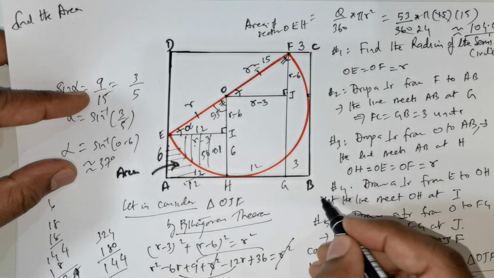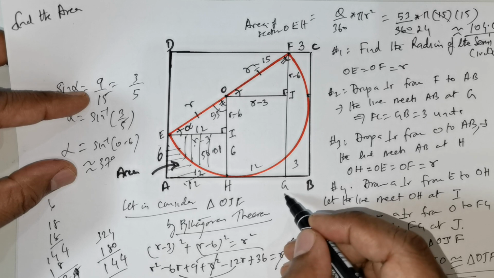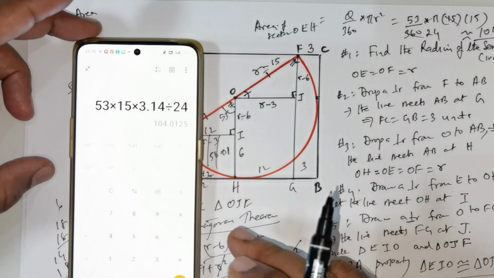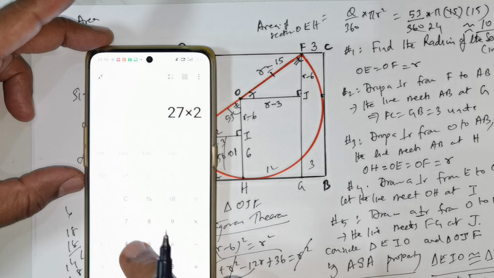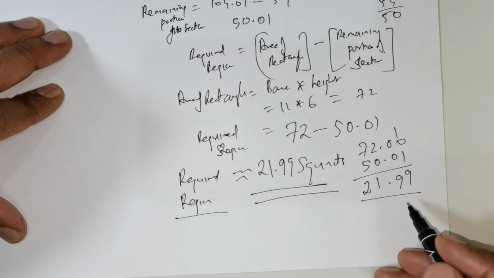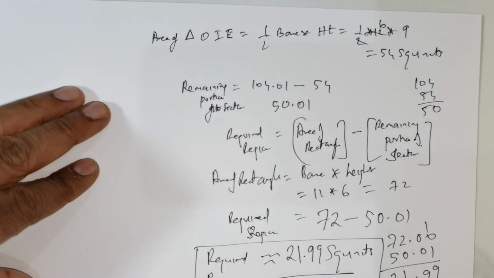So you got a length of 27, right? And 27 times 27, side into side, right? 27 times 27 is 729, and this region area is 21.99 square units. So that is sensible. So students, we had a beautiful question.